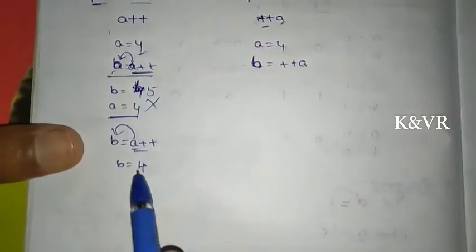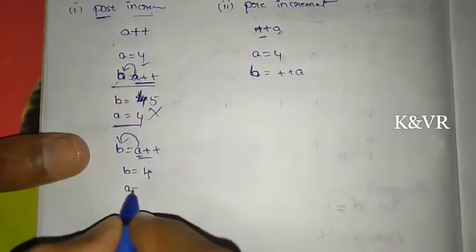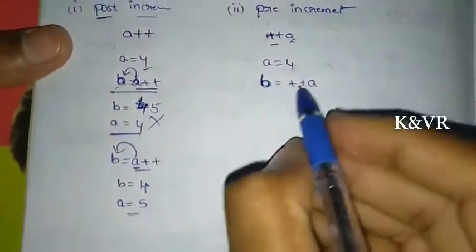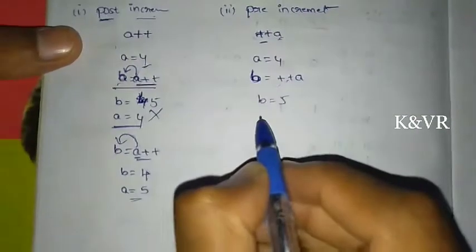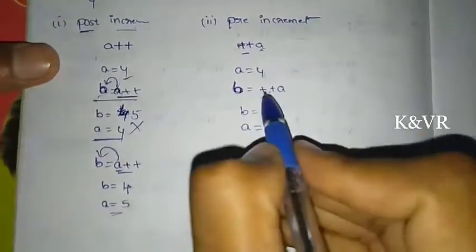Next the increment occurs and if we print a, it will be 5. When we come to the pre-increment side, we get both a and b as the same values, because before assigning the value we are incrementing.